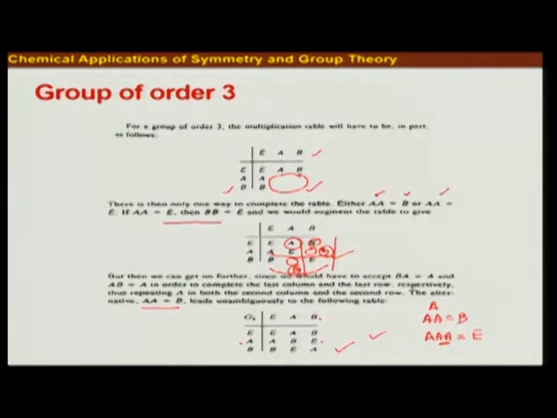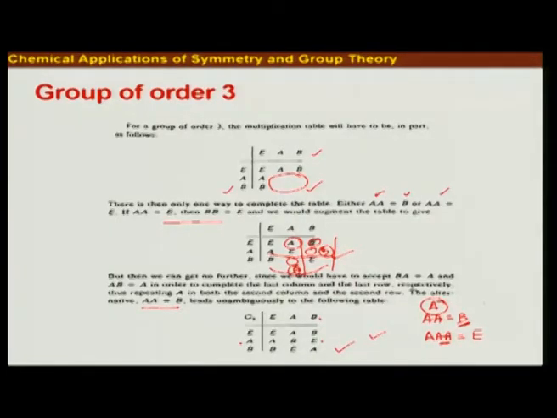So, in this particular case, I really do not need to look at anything else like B, because if I take this element A and keep operating it, then I will get A squared, A cube and so on, and that will generate all the elements of this particular group.